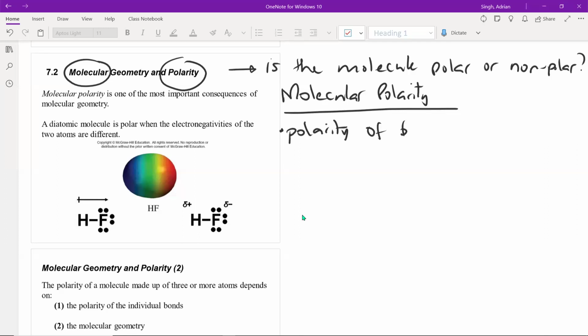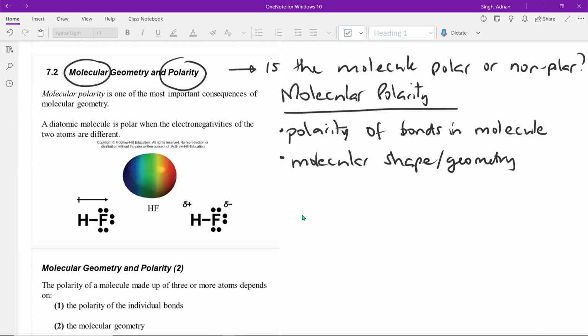So the polarity of the bonds in the molecule. And then we also need to consider the shape, the molecular shape, or the molecular geometry. Okay, so those are the two things that we need to consider.